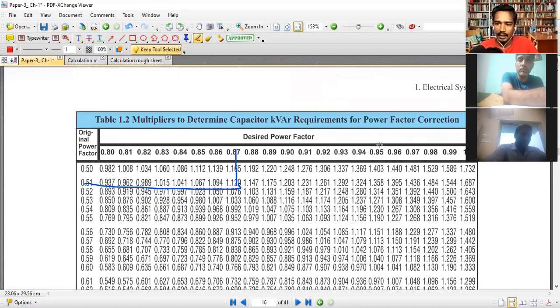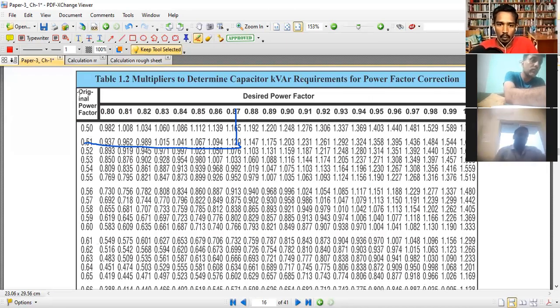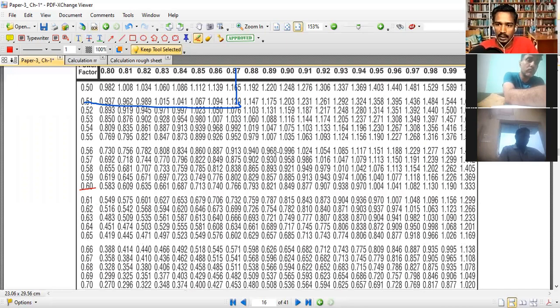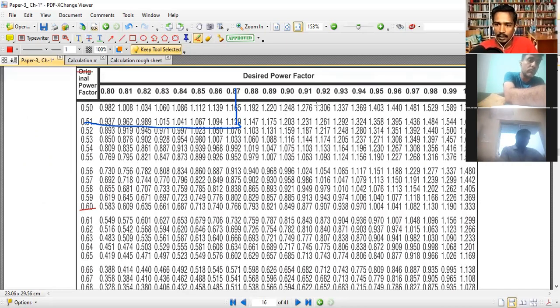In this table model you can easily use it. This is an example: the original power factor is 0.6 and you have to improve it to 0.99. Mark it here, and this is the multiplication factor, which is 0.887.